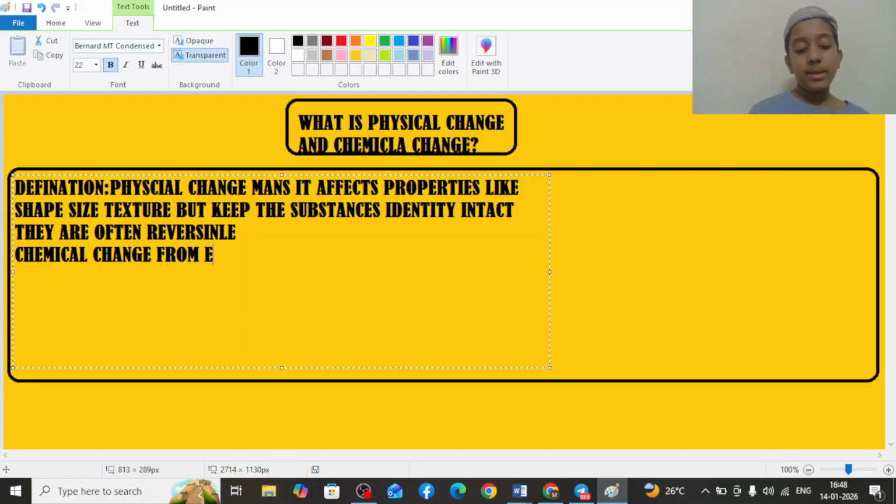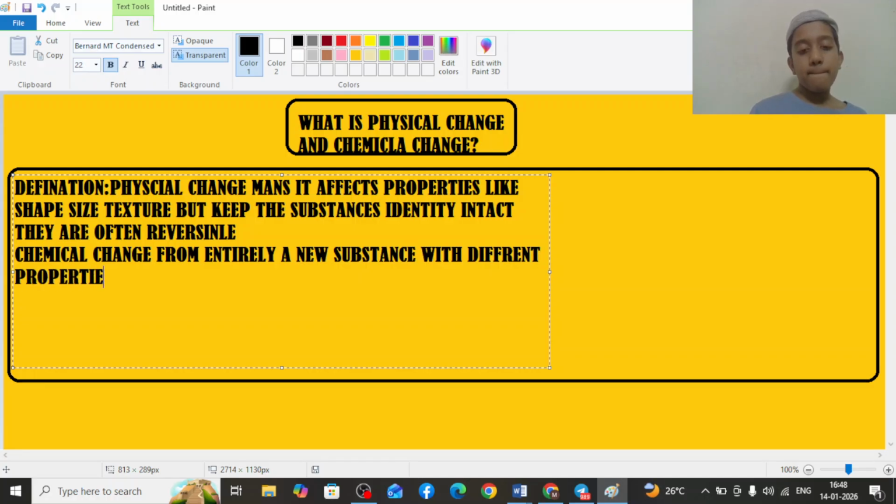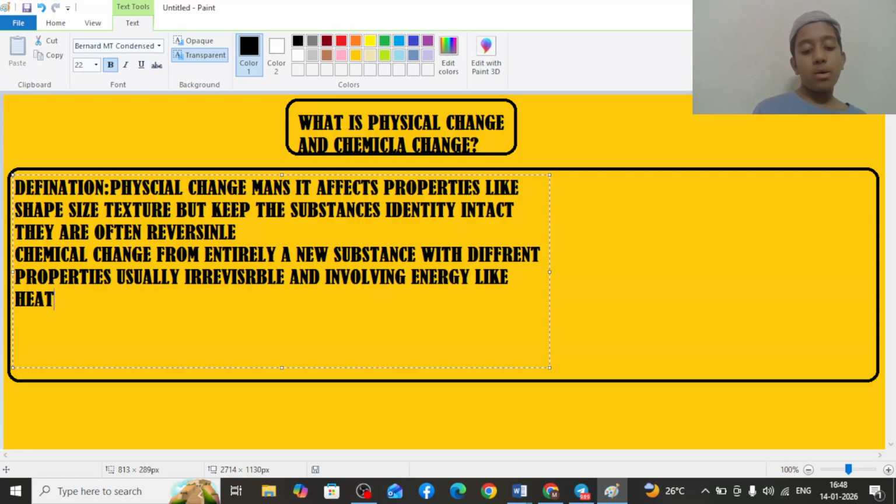It forms an entirely new substance with different properties, usually irreversible, and involving energy like heat or light.